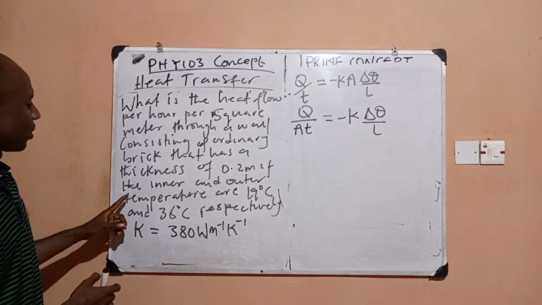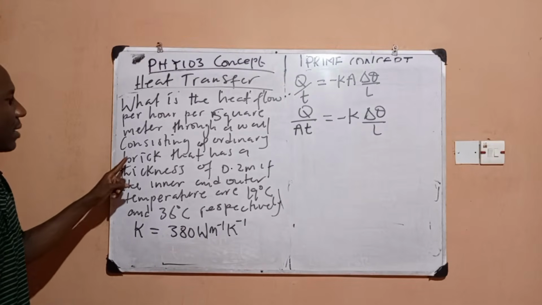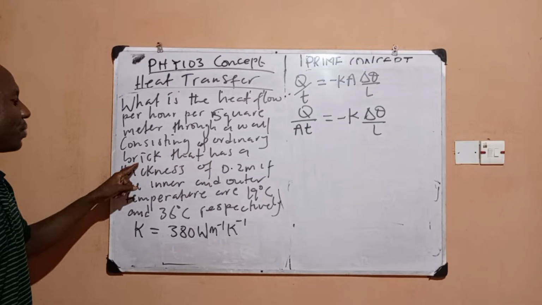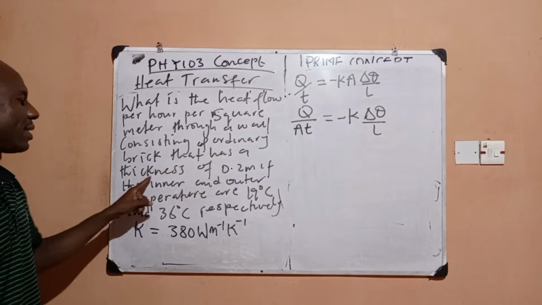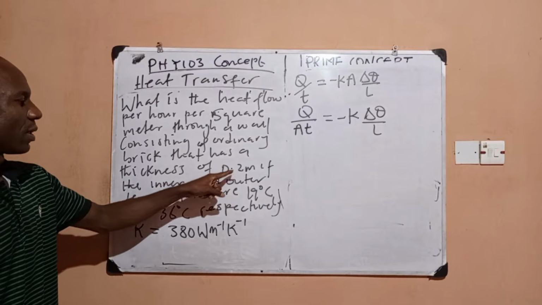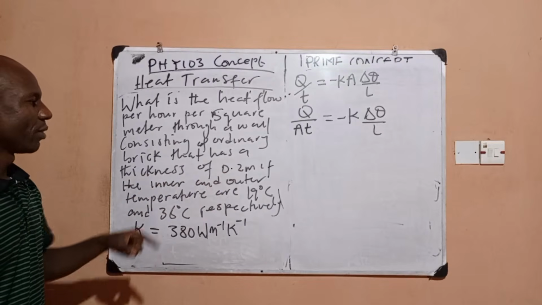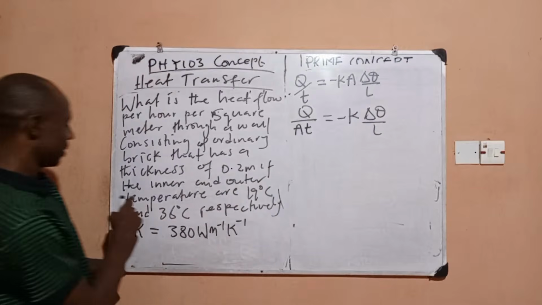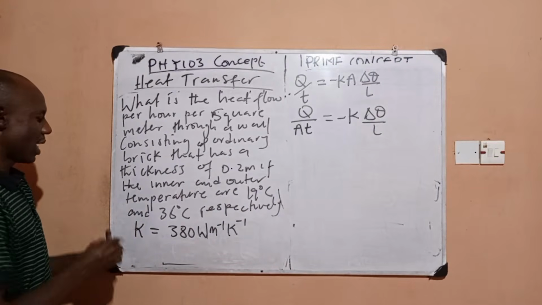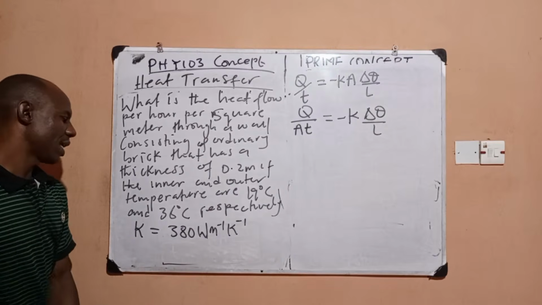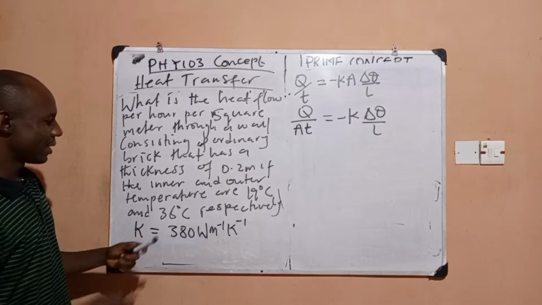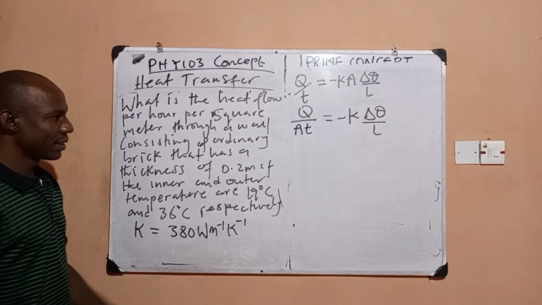If you read through the question, they told us that through a wall consisting of ordinary brick that has a thickness of 0.2, the inner and outer temperatures are 19 and 36.